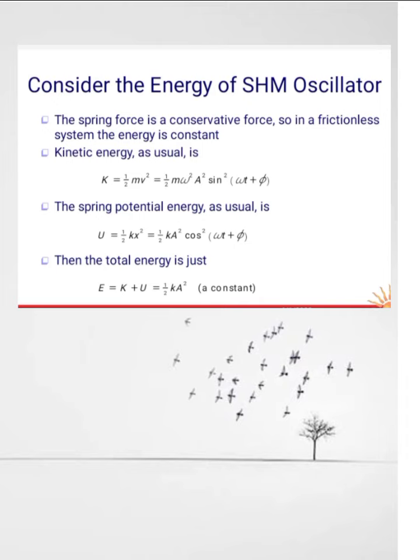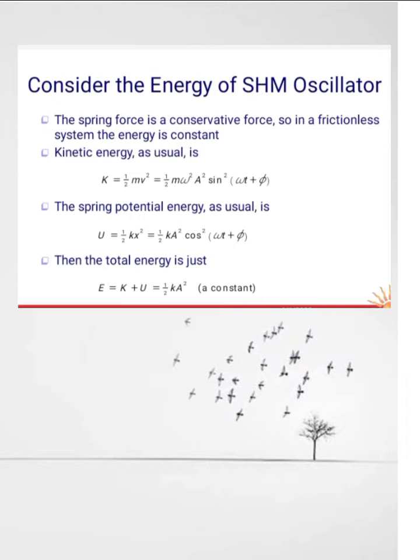The spring potential energy, as usual, is U equals 1/2 kx², which equals 1/2 kA² cos²(ωt + ψ). Point 4.